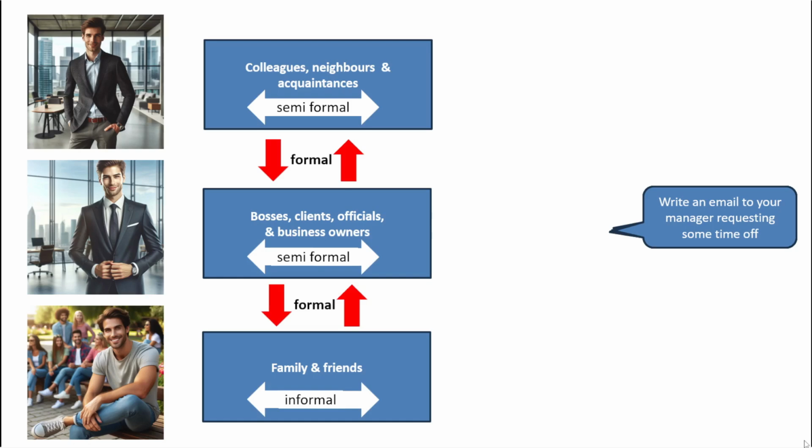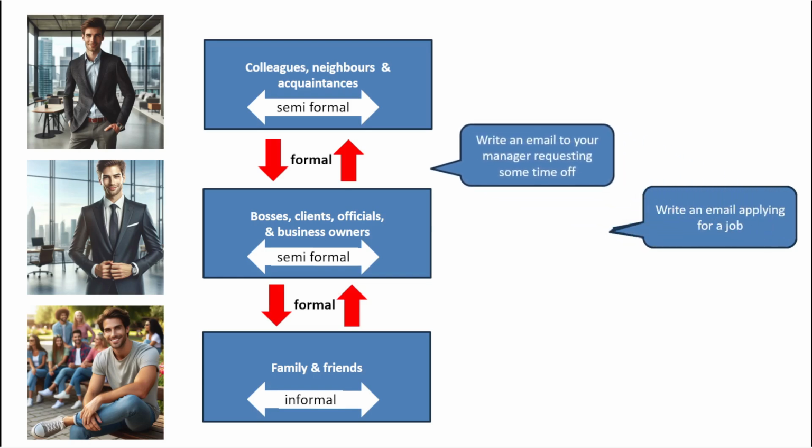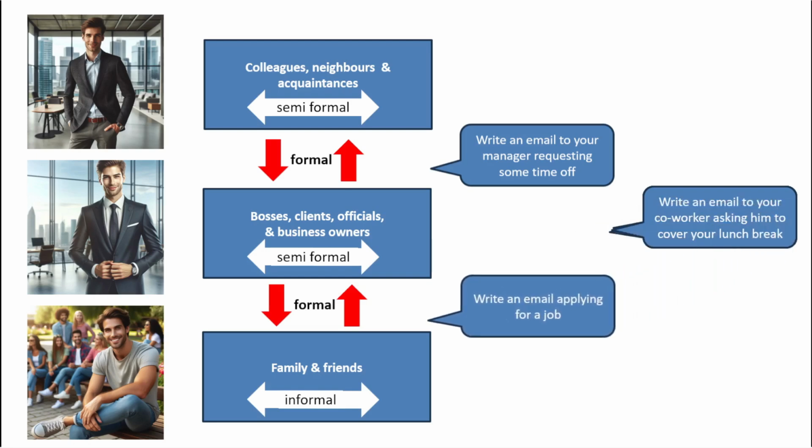Well, if this person is my manager, then I must be an employee, which means I'm leaving my box. And so this email would be formal. If I'm writing an email applying for a job, then I'm not an employee. I'm a regular person and I'm writing to somebody outside of my box. So this one is also formal.